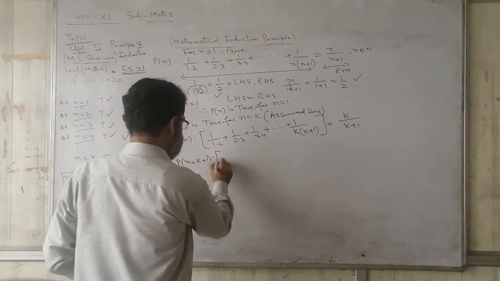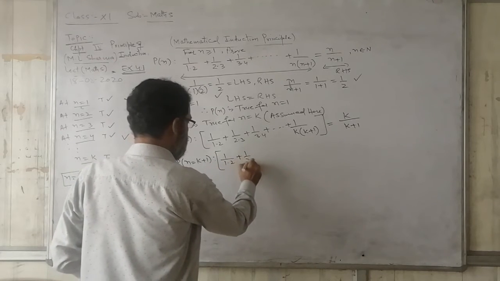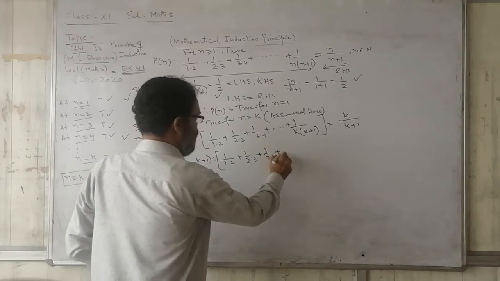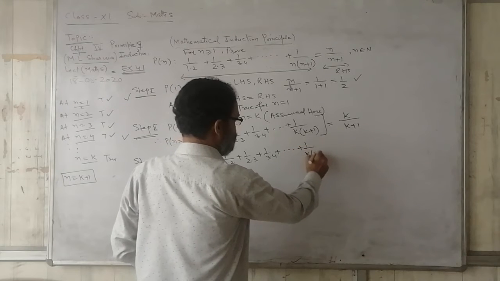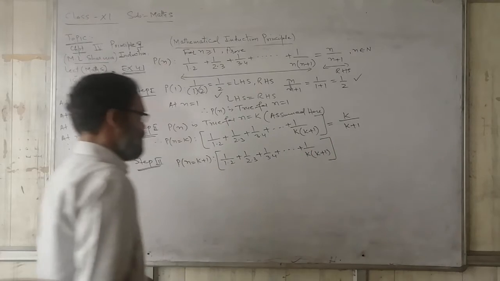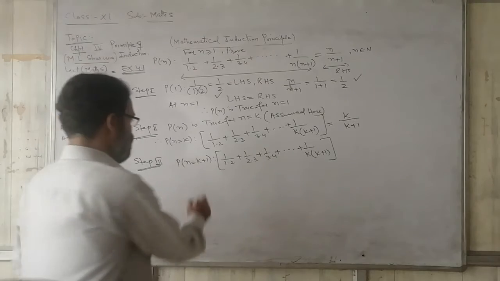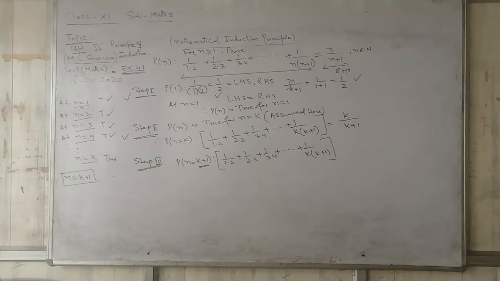So I can write the terms which are given, so this is up to k terms. Now I have to prove this up to n equal to k plus 1.